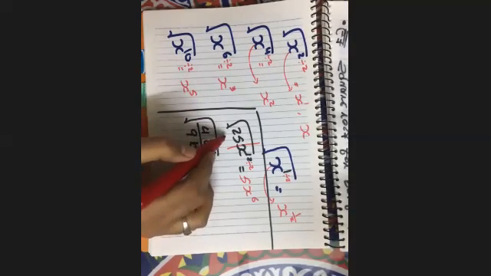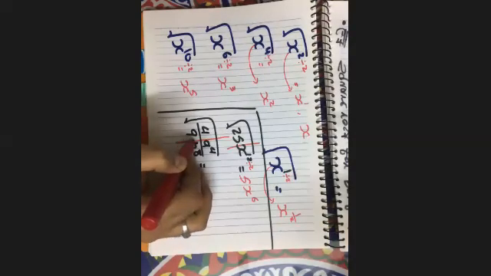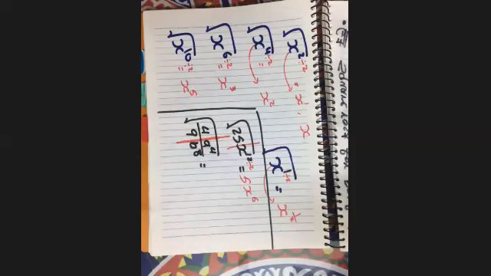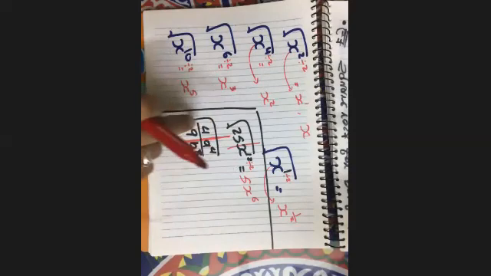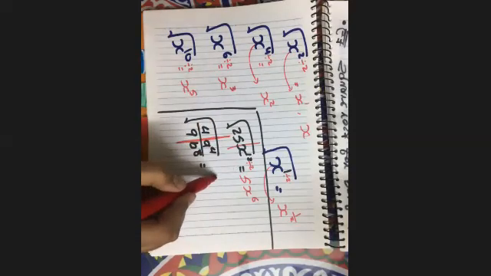We will write the square root of 4 over 9 in the calculator. Open your calculator, click on square root, make a fraction, write 4 over 9. You will get 2 over 3.